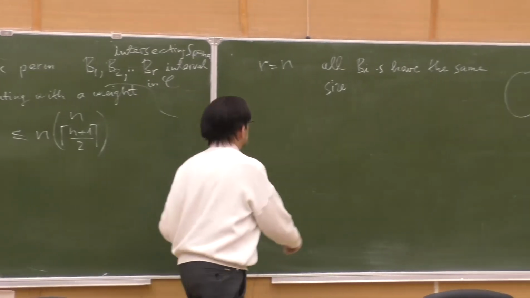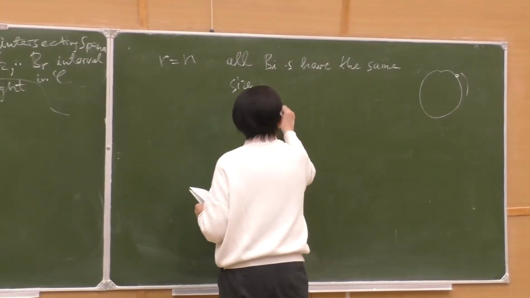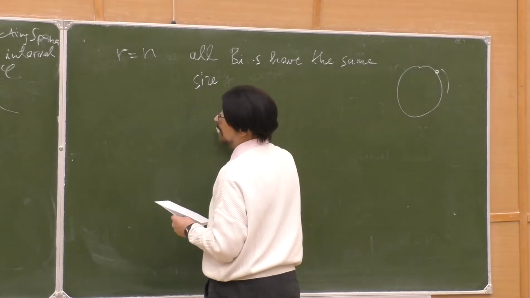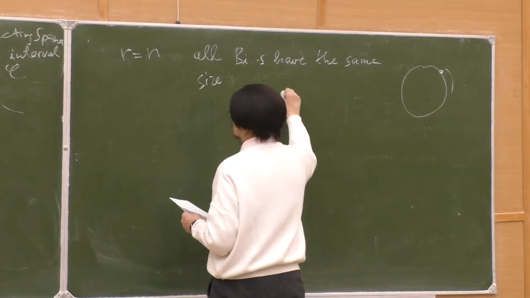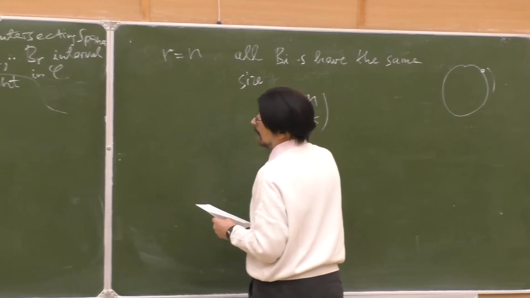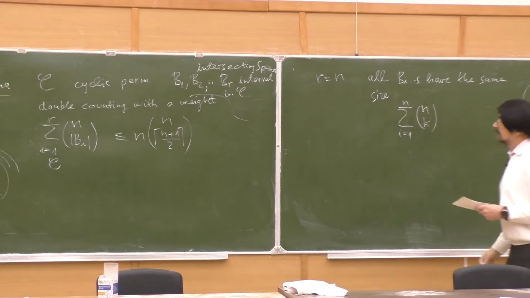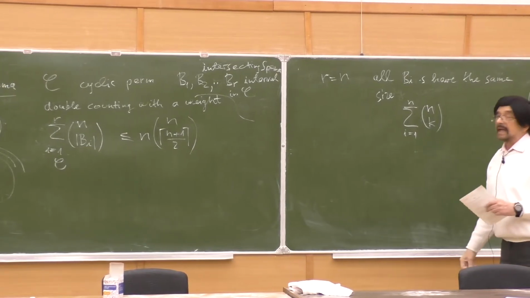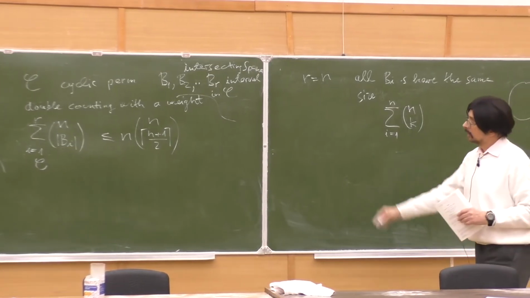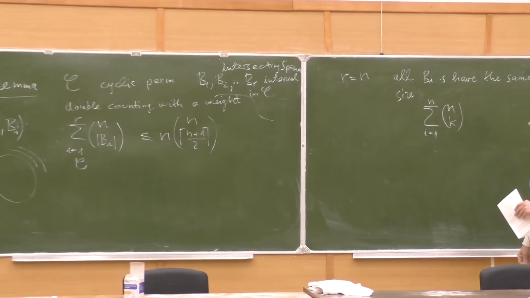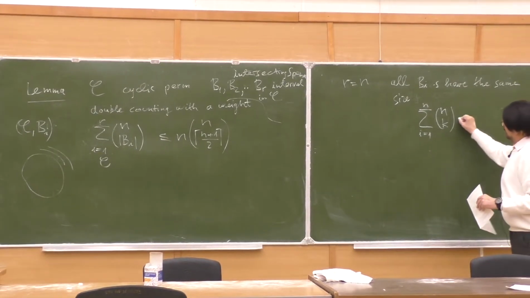So it means that the sum will be n choose k. So this is the sum on the left-hand side, and we have n terms.